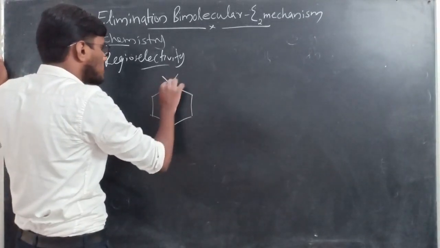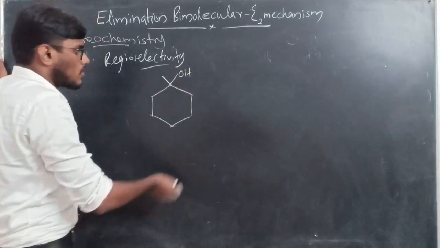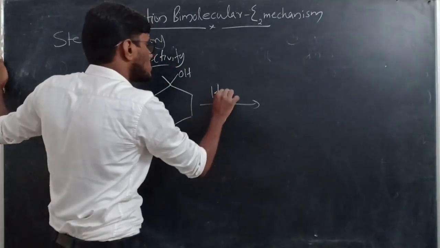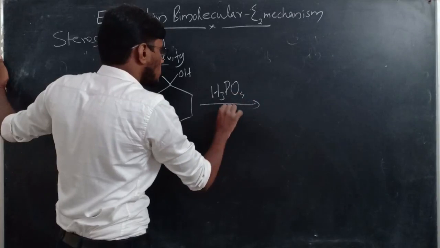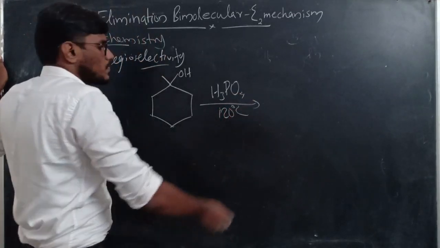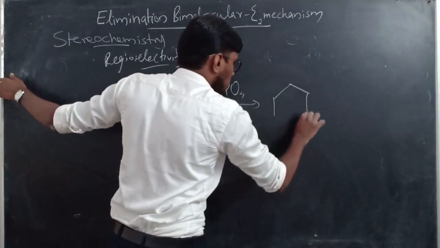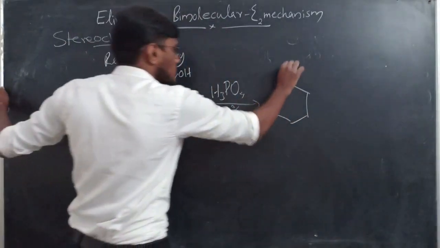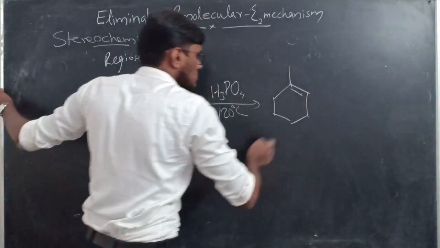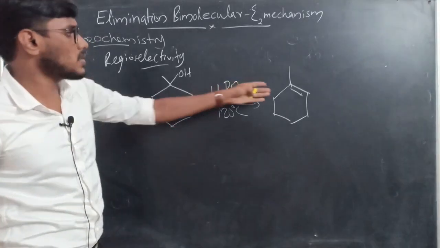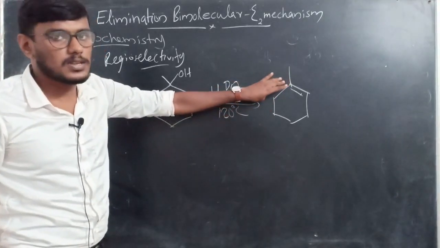For example, this is the compound. On reaction with H3PO4 at 120 degrees Celsius it gives the product like this. This will be the product, so a more substituted alkene is the product here.